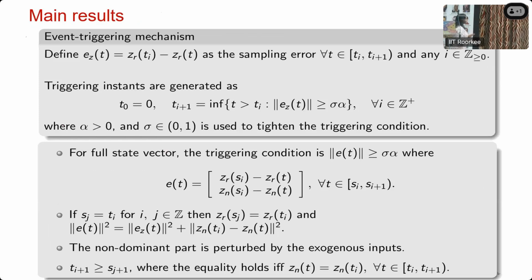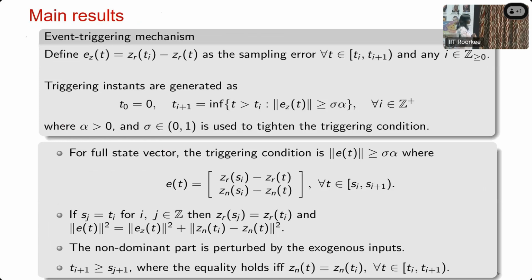This sampling error is for the event triggered implementation of the control designed using the full state of the system. This error is for the event triggered implementation using the control designed with the reduced order state of the system. From here we will be able to look at how we are able to achieve a sparser sampling pattern.